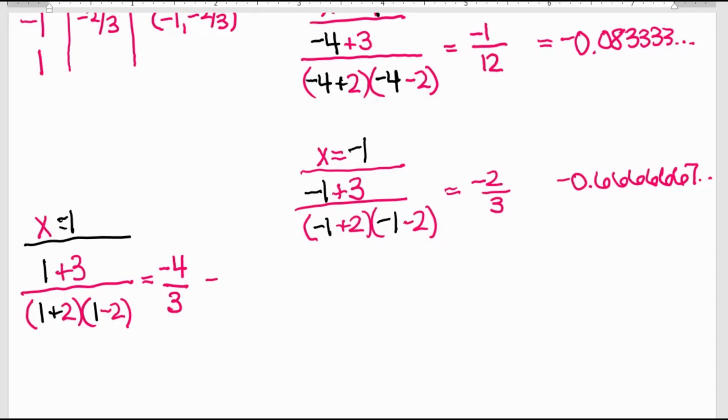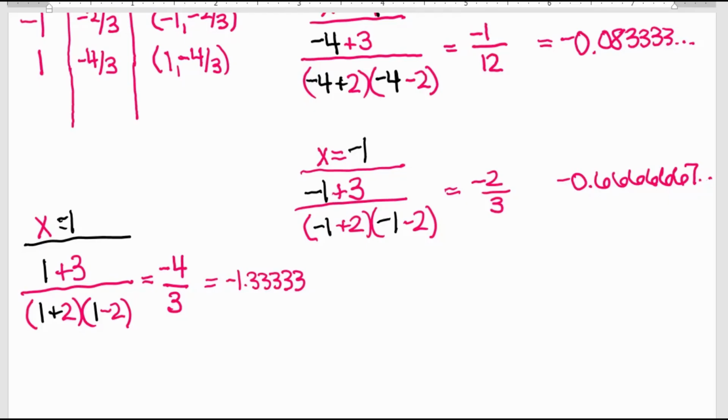In your calculator, it would have come out to negative 1.33333, repeating. But remember, when we are doing exact answers for the ordered pairs, we want to use our fractions. Only if they ask us for the estimate or the decimal rounding do we give them the rounding.